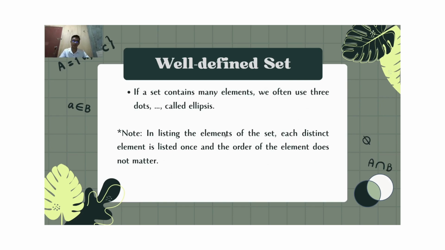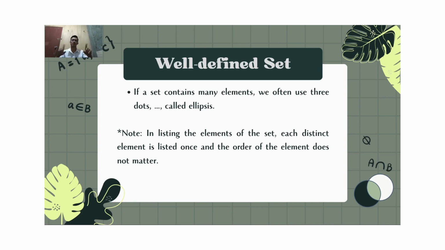In listing the elements of a set, each distinct element is listed once, and the order of the elements does not matter, whether it is chronologically in order or not. Just for example, think about this.